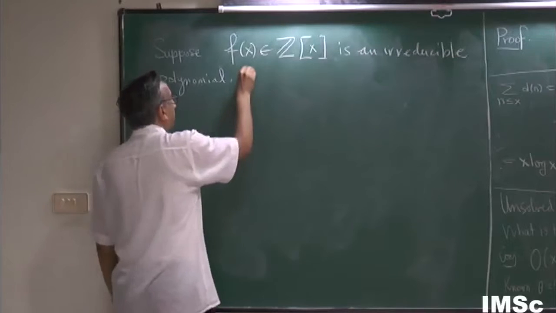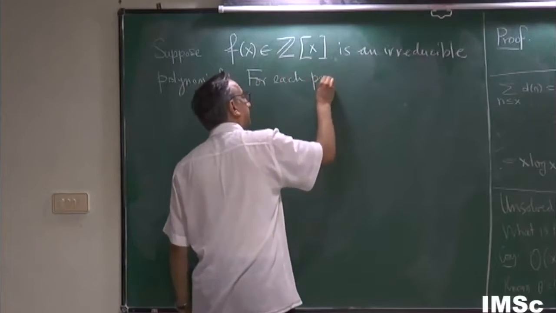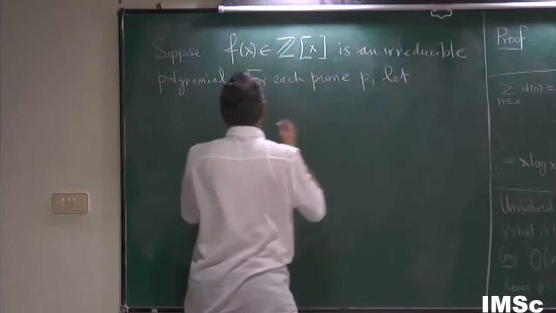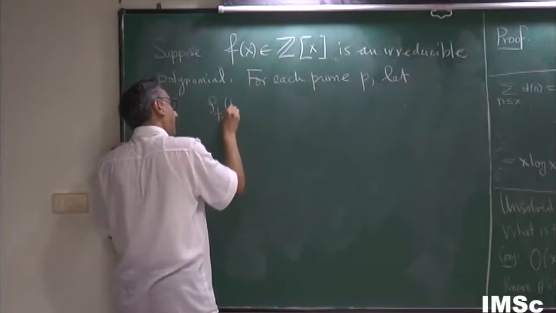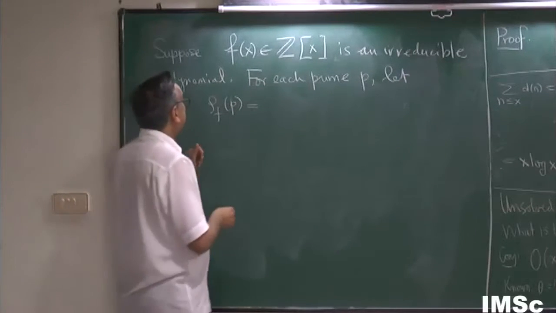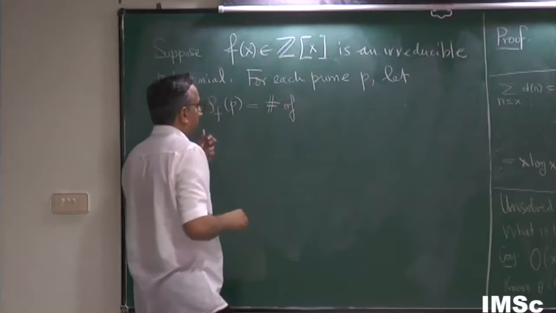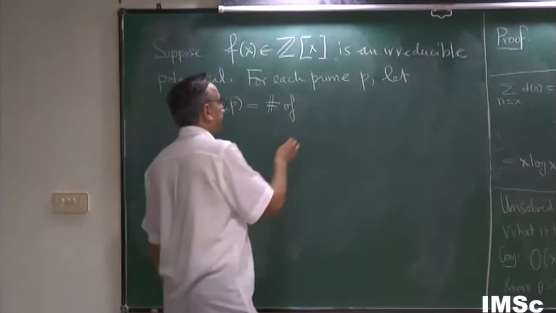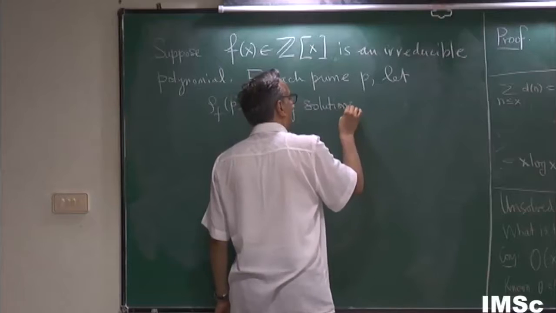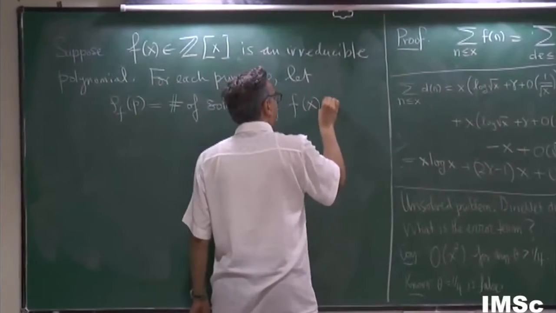And for each prime p, let rho sub f of p equal the number of solutions of the congruence f of x is 0 mod p.